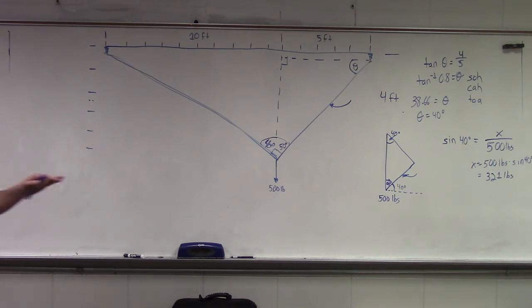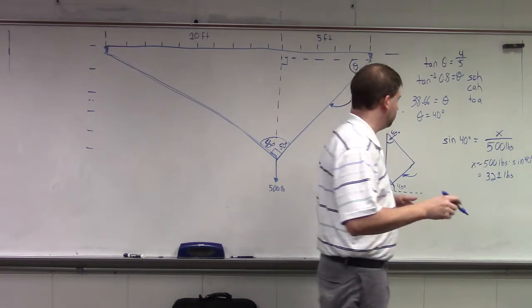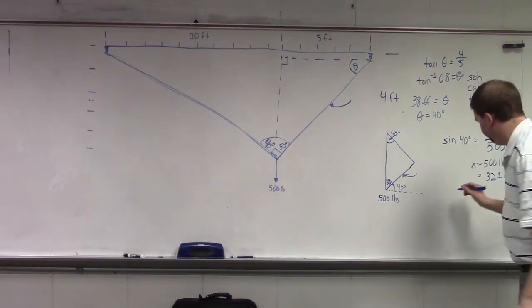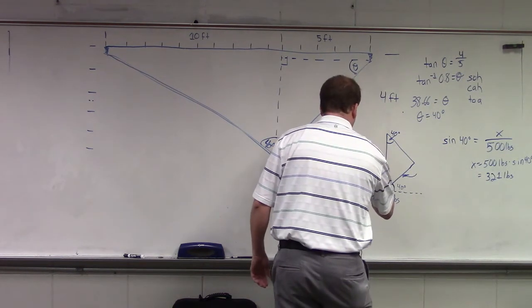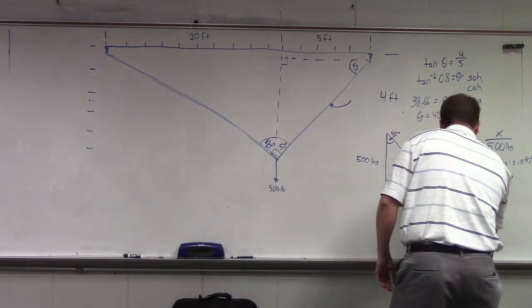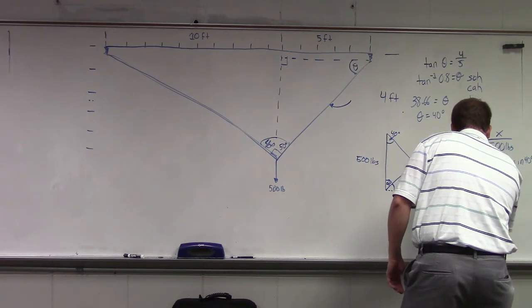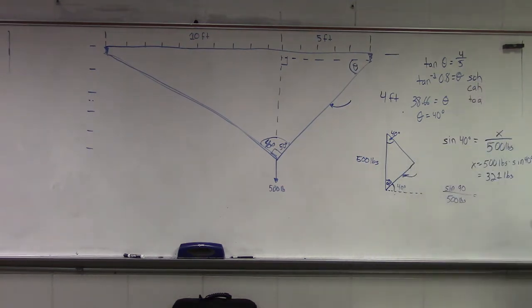If we don't want to solve it this way, if we wanted to do the law of sines, how would we set it up? First designate A, B, C. Sine 90 over 500 pounds is equal to sine 40 over x.